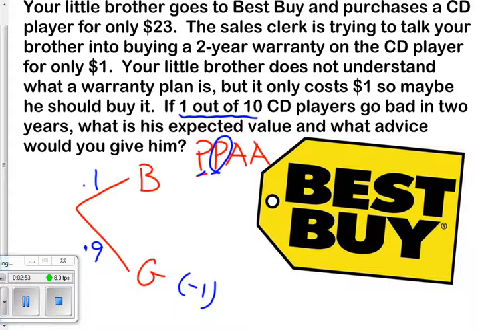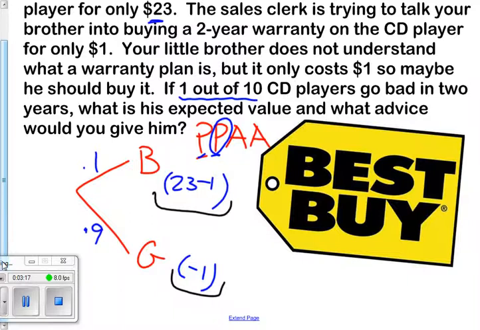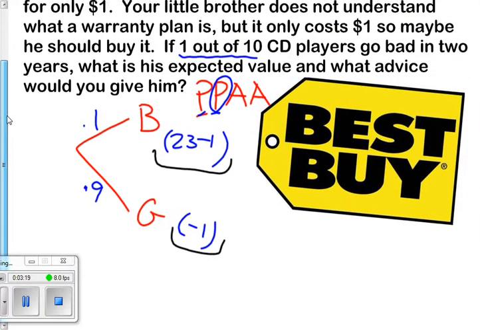And then if it goes bad, well, that's 23, how much you paid for it, minus that $1 you paid because you're using that warranty. I sometimes think that getting these two numbers can be tricky. Is anyone confused on how I got those or why we're using those numbers? Okay, so then we found our amounts.